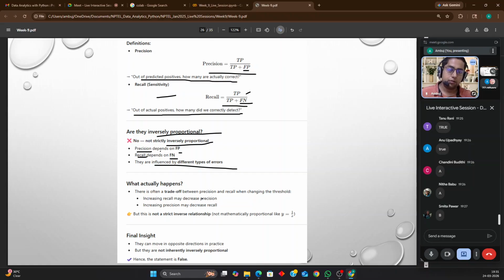When you are changing the threshold value, increasing the recall may decrease precision, increasing the precision may decrease recall, but strictly it is not like y is inversely proportional to 1 over x, that strict dependency is not there. So they can move in opposite directions in practical experience when you are training the model.